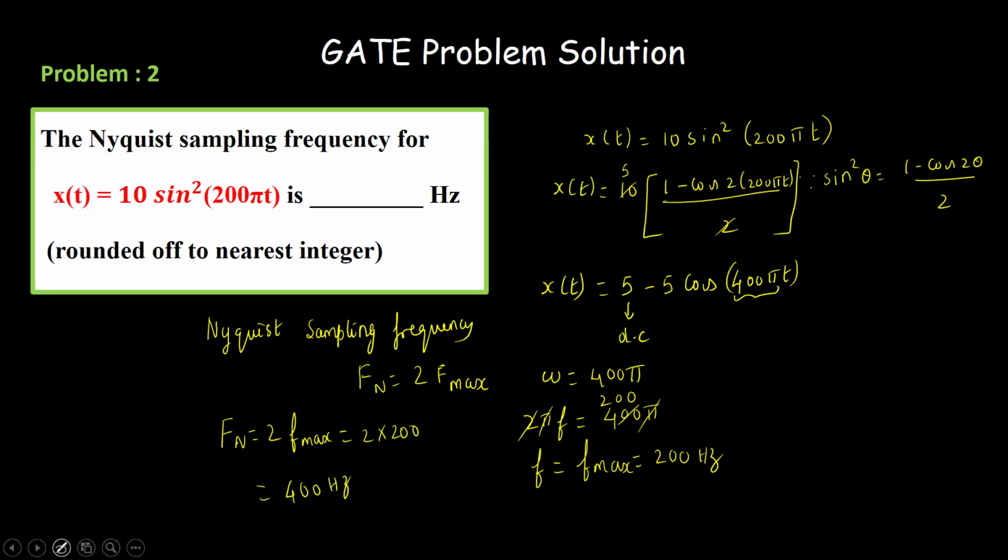So for this problem, 400 hertz is the answer. This is one of the simplest problems. This is a NAT type question, numerical answer type question. There is no negative marking for NAT type questions in the GATE exam. Let me move to the next problem.